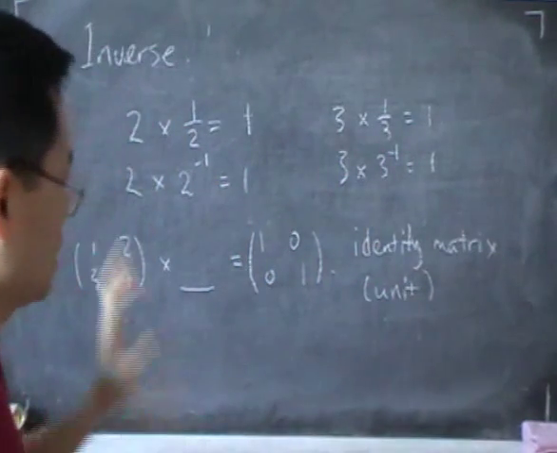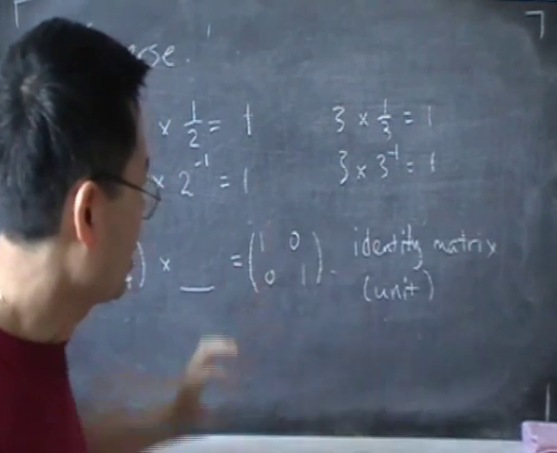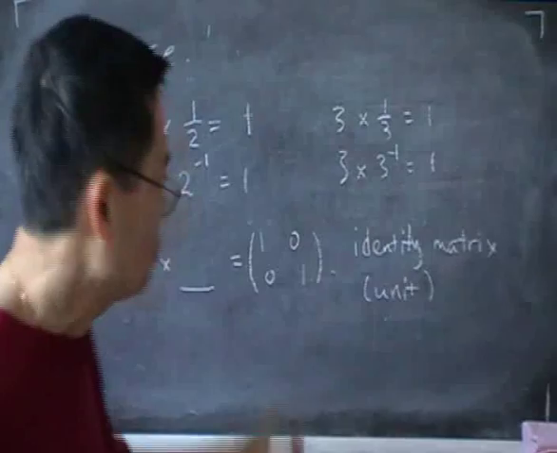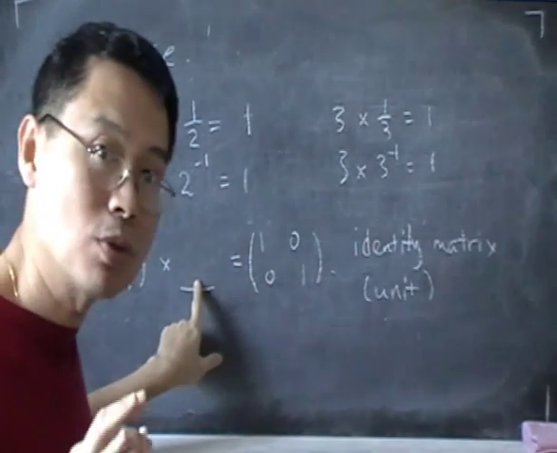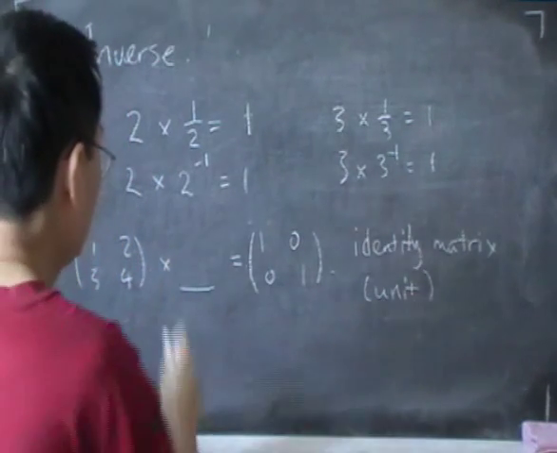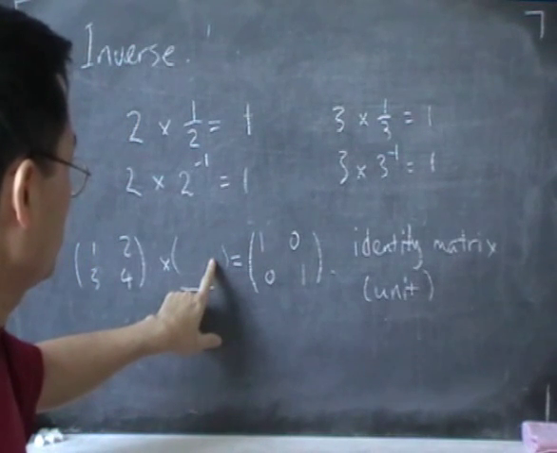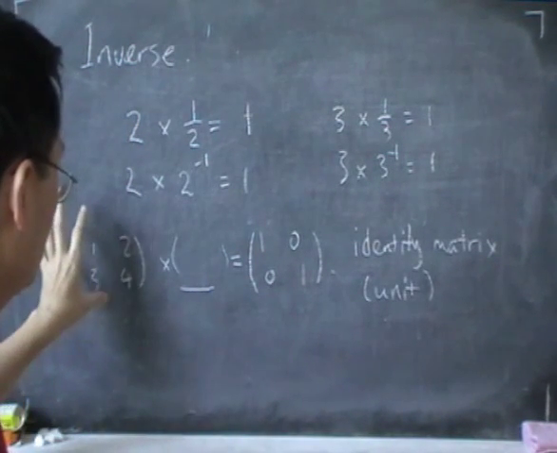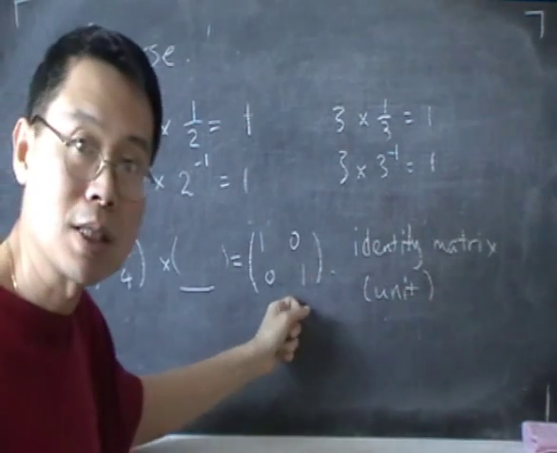They find that if they think of this as an identity matrix, like the 1 for numbers, then it's actually possible, not every time, but most of the time, to find a matrix here to multiply by your starting matrix and give you this identity matrix.